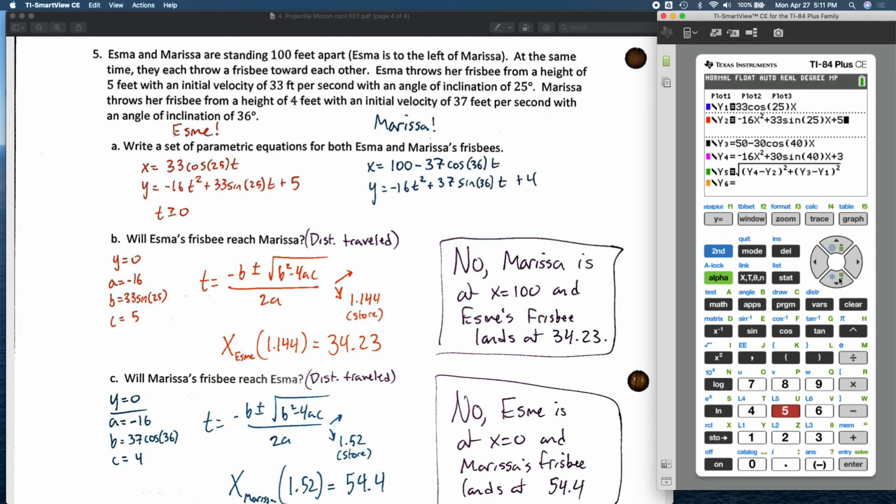So here I have Esme's in. Now we'll do Marissa's. There we go for that one. Let's just edit this one, make that a 7, make this a 36, and make that last one a 4.